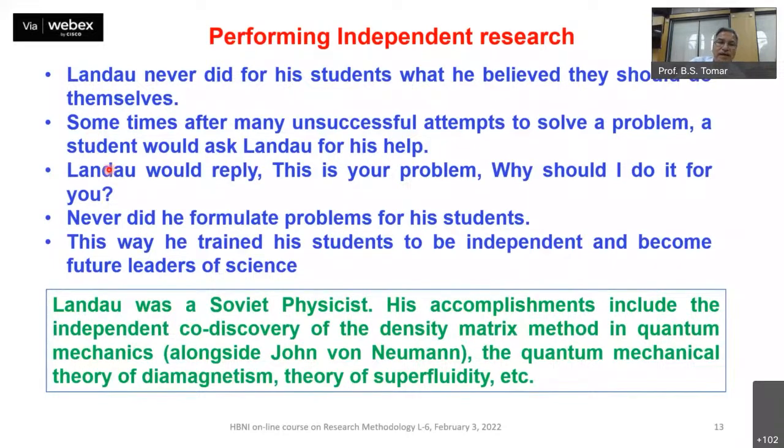Sometimes after many unsuccessful attempts to solve a problem, the student would ask Landau for his help. But Landau would reply, "This is your problem. Why should I do it for you?"